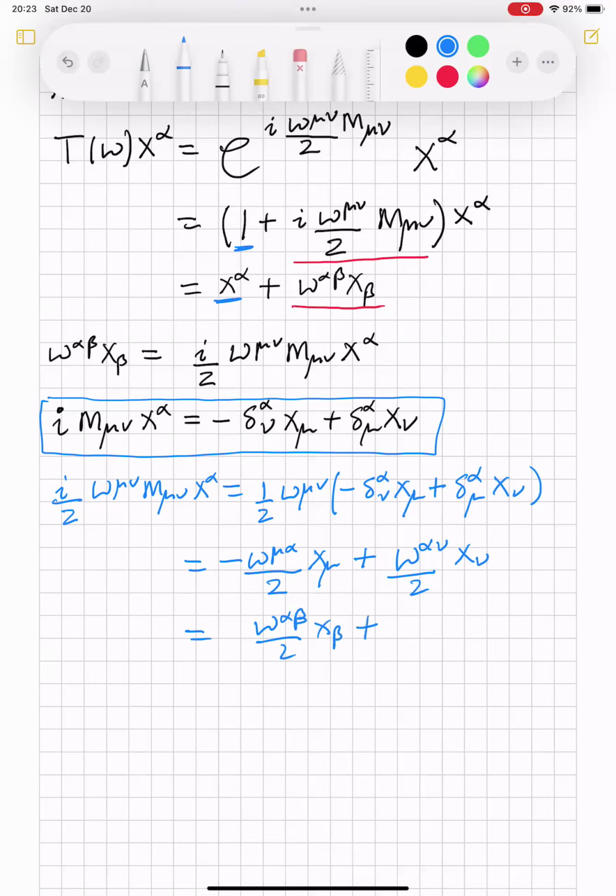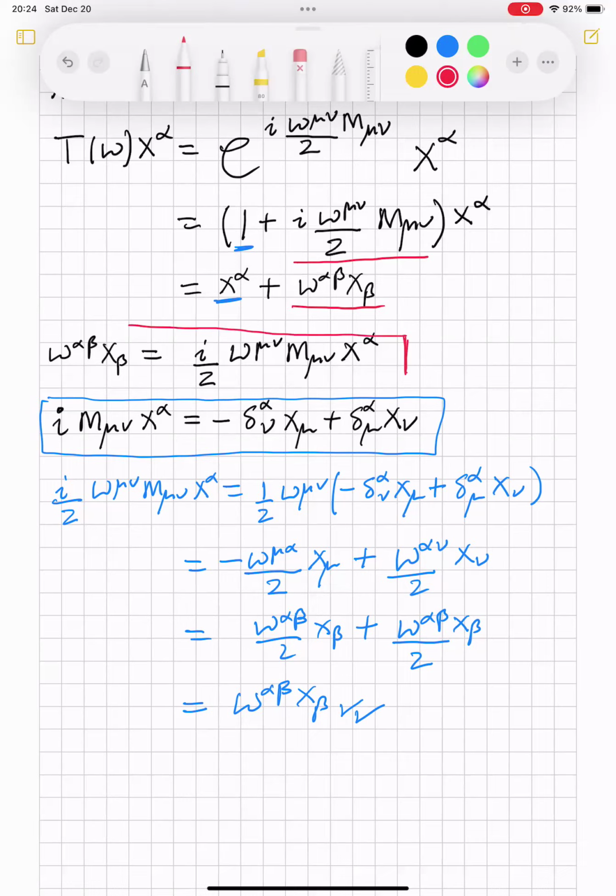So I've relabeled the dummy index mu to a beta on the first term, and I swapped the indices on alpha. And then I've got plus omega alpha beta x beta, and all I did in the second term was relabel the dummy index. Add those two together, what do we get? Omega alpha beta x beta. And this is perfect. Why? Well, it matches the left-hand side of this equation.